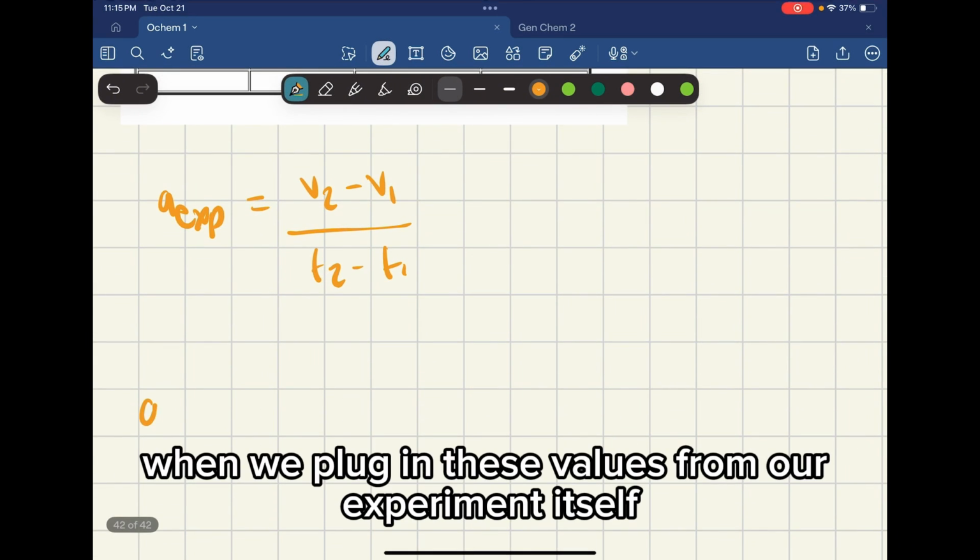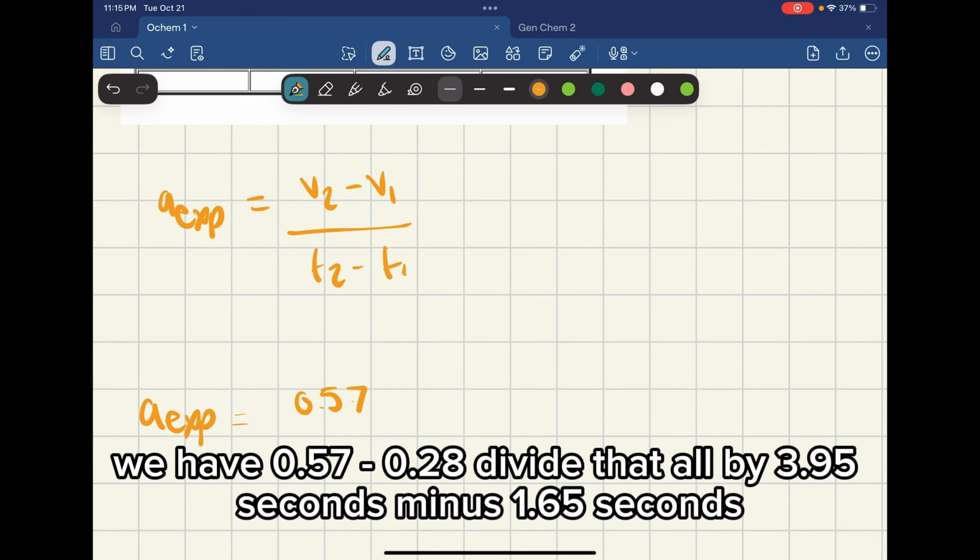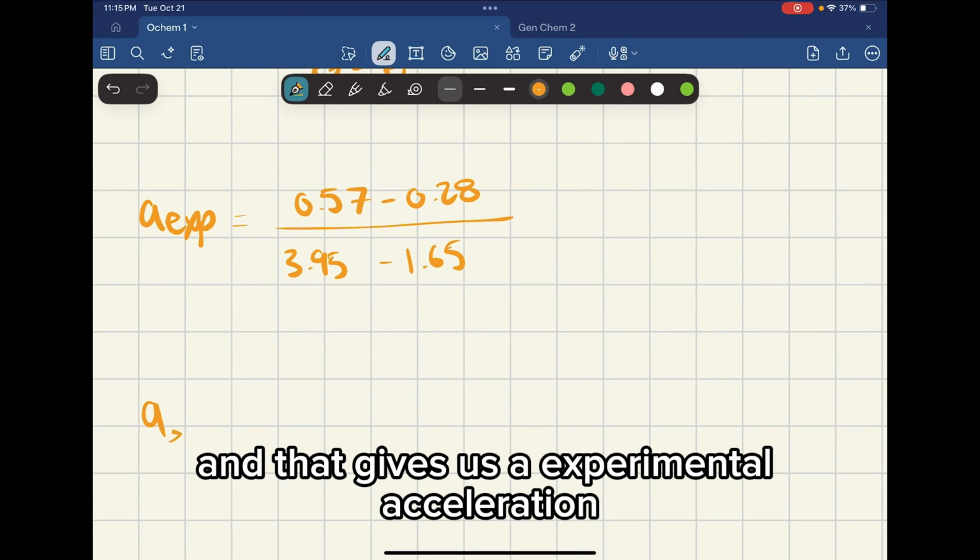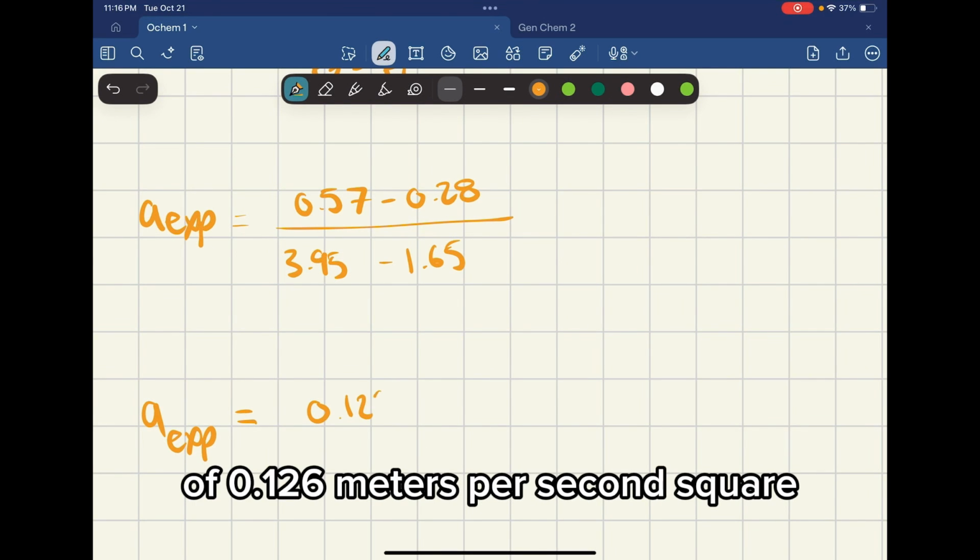When we plug in these values from our experiment itself, we have 0.57 minus 0.28, divide that all by 3.95 seconds minus 1.65 seconds. And that gives us an experimental acceleration of 0.126 meters per second squared.